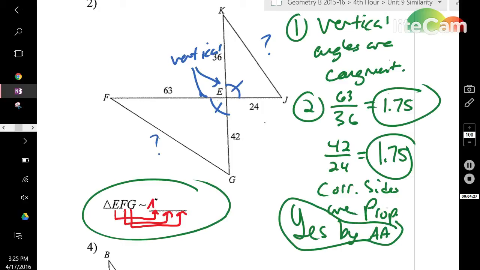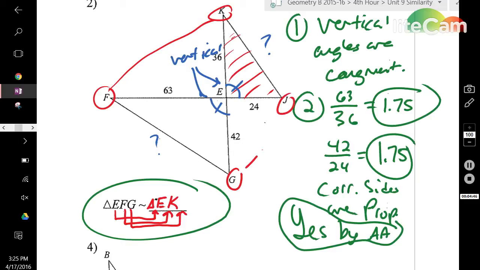So in this case, E corresponds with E in this triangle here, the smaller one. F over here corresponds to K, so that goes second. And then G corresponds with J, so that goes third.